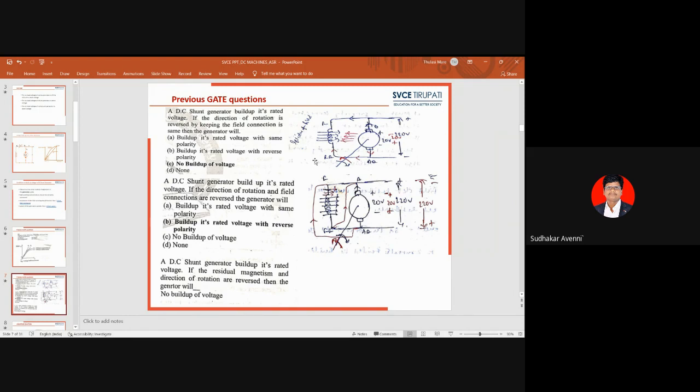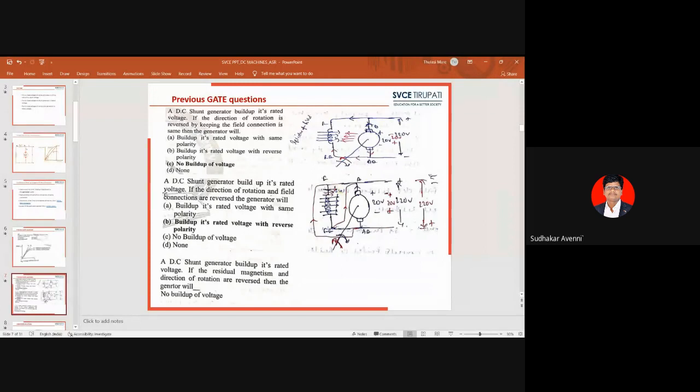Here the rotation of the rotor is opposite, so the residual flux is in the opposite direction to the shunt field flux. Because of this, the flux in the machine reduces to 0. Then no buildup of voltage takes place in the DC shunt generator.